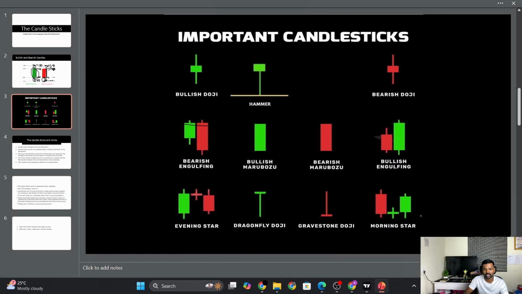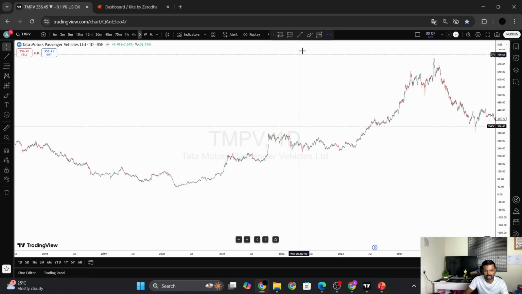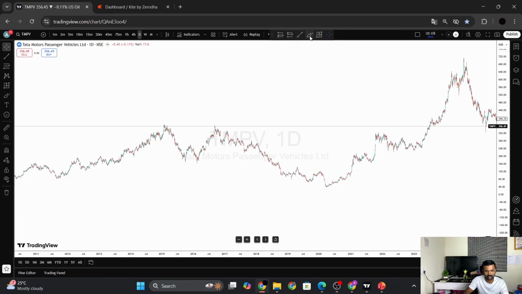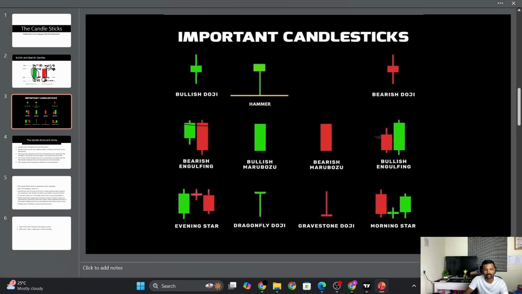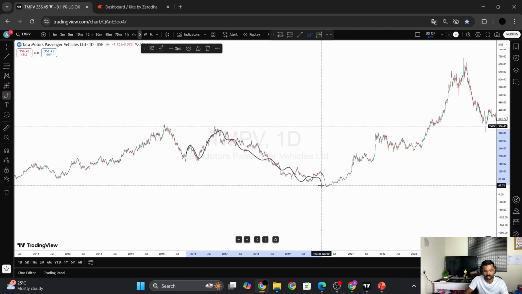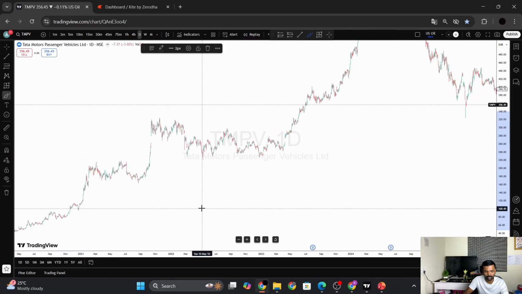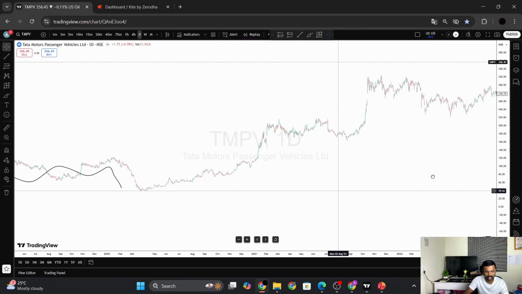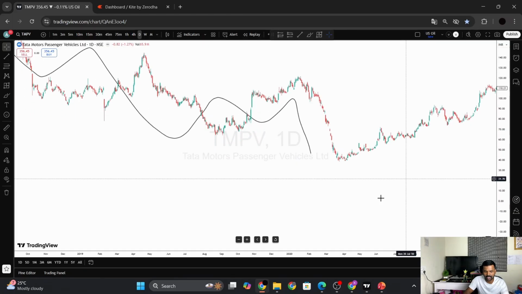So bullish engulfing means when the price is moving up and coming down like this, it should form here. Once again, I'll try to find any candles like that.